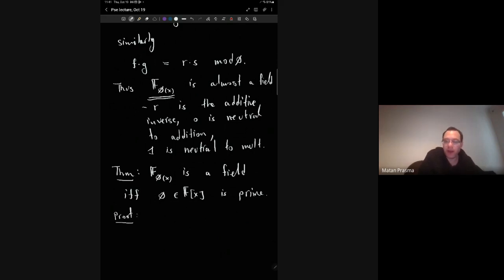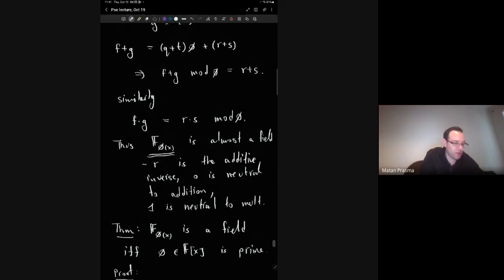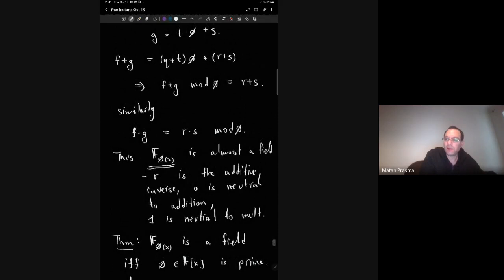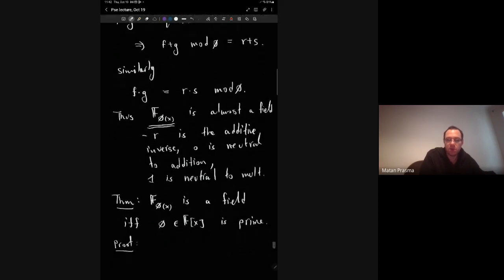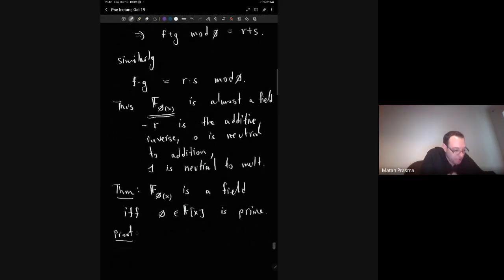Before I go to the proof, any questions about this modulo phi arithmetic? Right. So, but the proof is really, really easy.